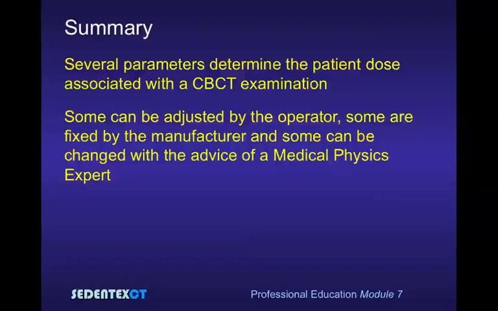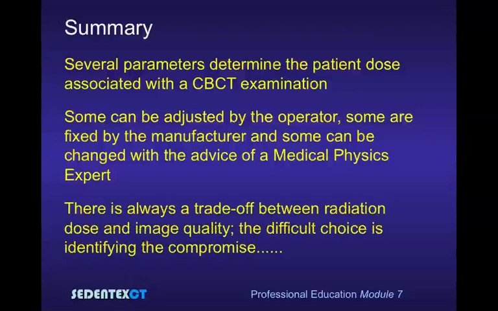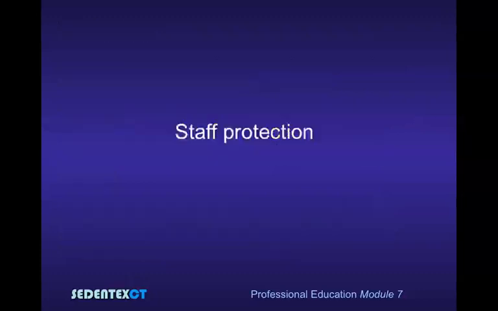Some are fixed by the manufacturer, for example in some machines the kilovoltage, certainly the filtration, and some can be changed with the advice of a medical physics expert. An important point to get across, though, is that there's always a trade-off between radiation dose and image quality. And the difficult choice will always be identifying the appropriate compromise.